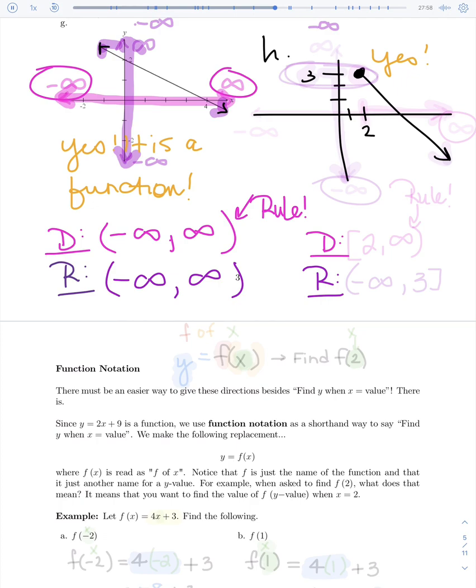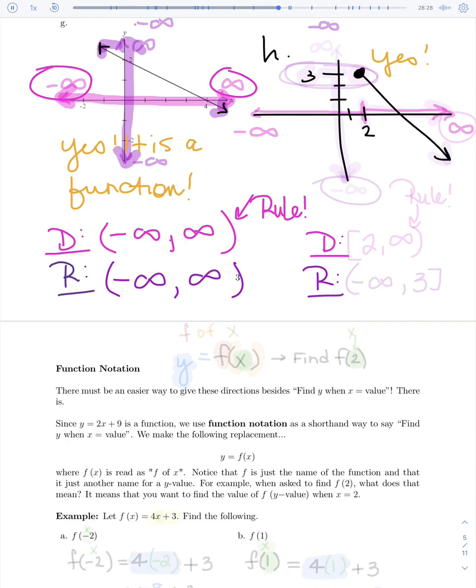So talking about its domain, working from left to right, starting out with negative infinity and working towards positive infinity, what we would notice is that the graph doesn't even start until we hit 2, but it does continue on forever towards the right after that.